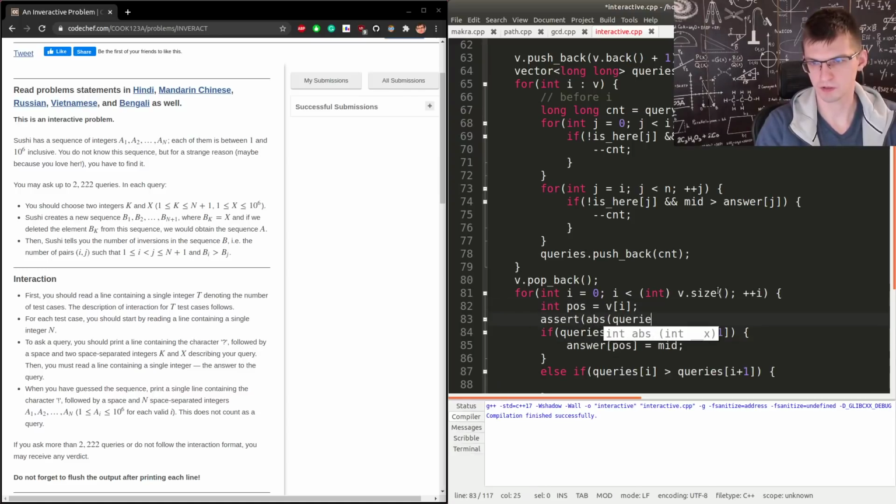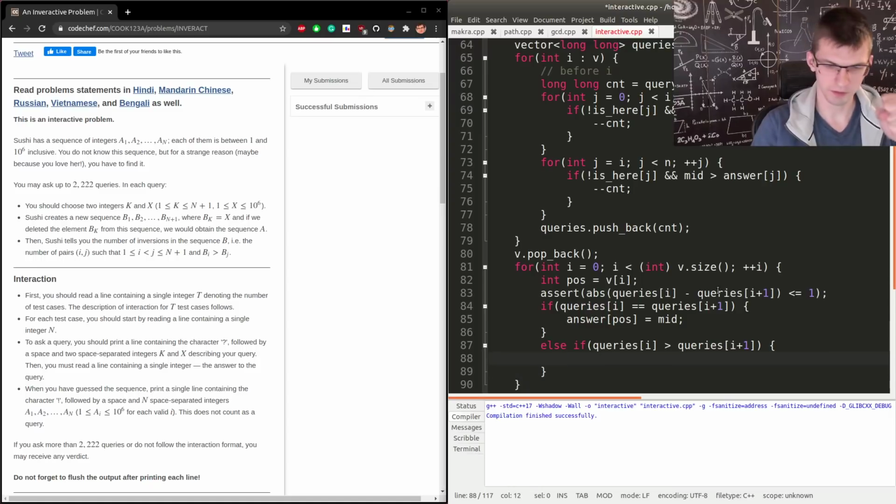I think that should be true. They differ just by 1. Now, if I'm bigger, what does it mean? Let's say that I have small values. Then if I have small values like 5, 5, 5, and I'm inserting somewhere a 10, then the number of inversions right now is bigger than here. So this is a case of small values.